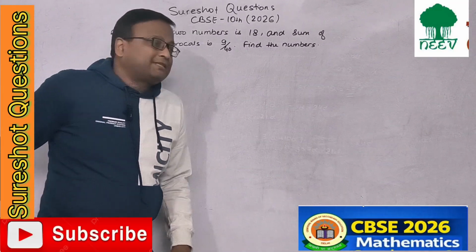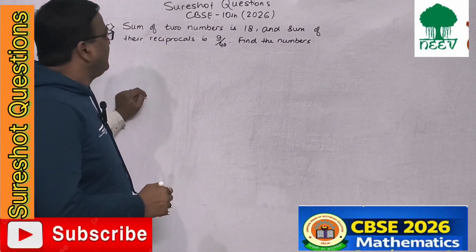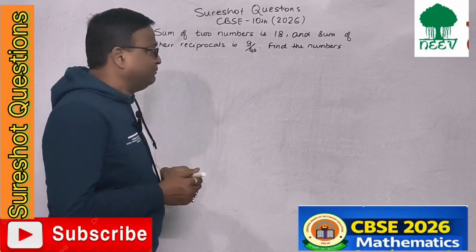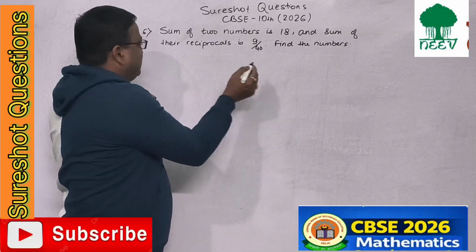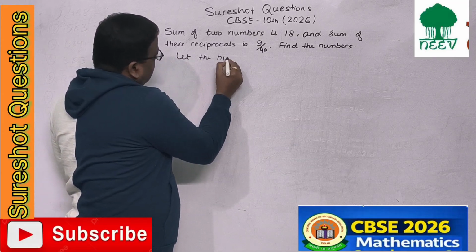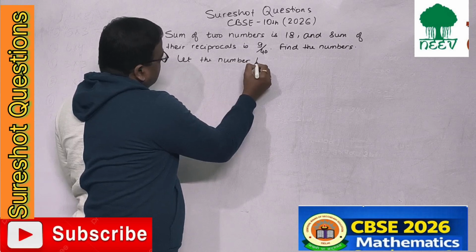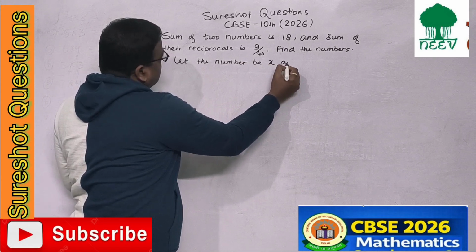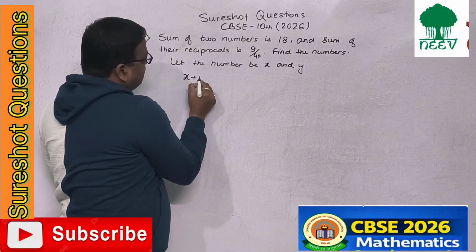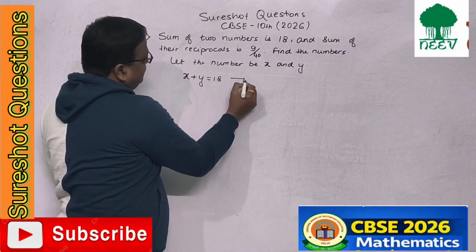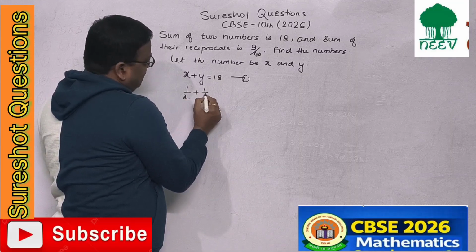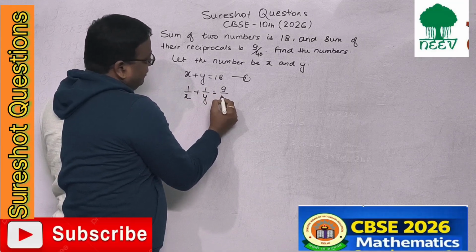So here is question number 6 for today. Sum of two numbers is 18 and sum of the reciprocals is 9 by 40. Find the numbers. So let's take the numbers as x and y. The sum of the two numbers is 18. Sum of the reciprocals, so 1 by x plus 1 by y is 9 upon 40.